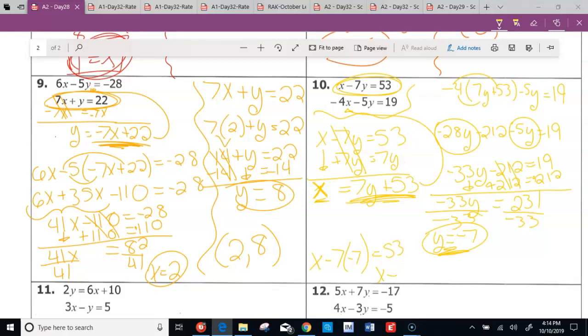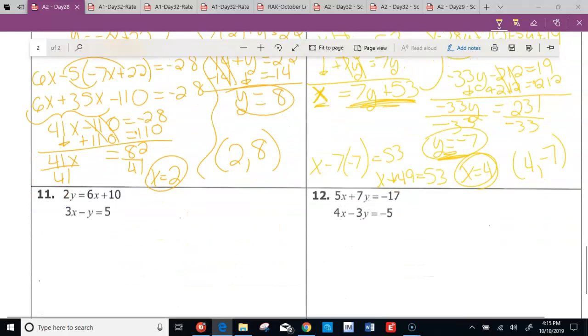So I get x plus 49 equals 53. I'm running out of room, so I'm just going to count manually. To go from 49 to 53, you have to add 9, 10, 11, 12, 13, 4 more. So x equals 4. Our solution for this one is when x is 4, y is negative 7, and that is their point of intersection.